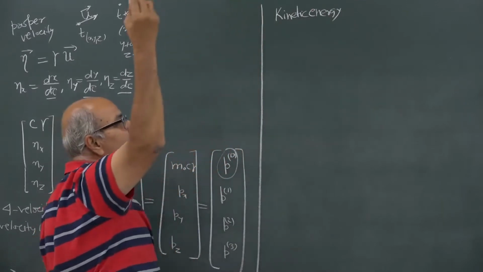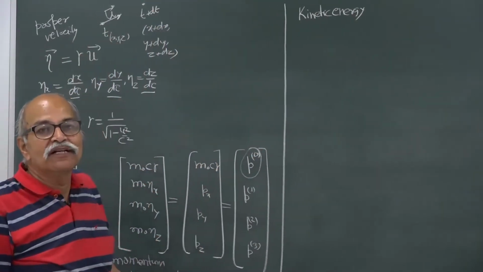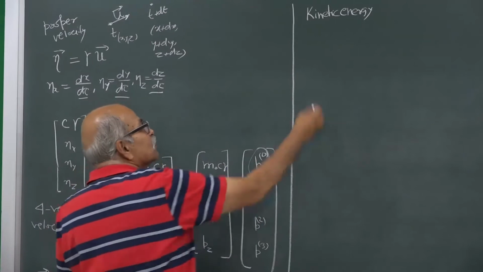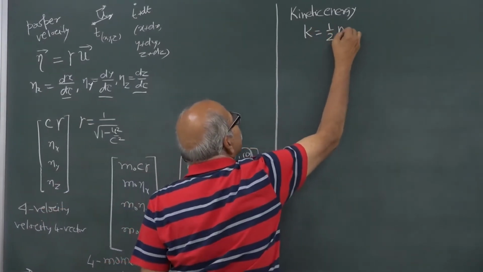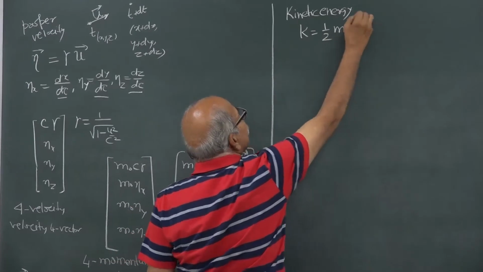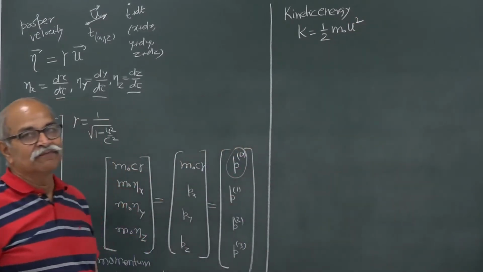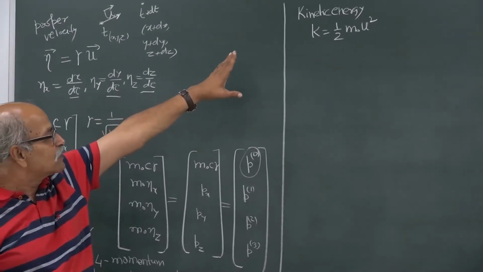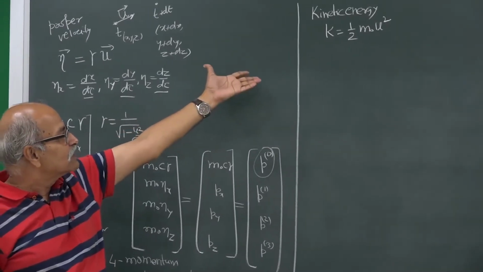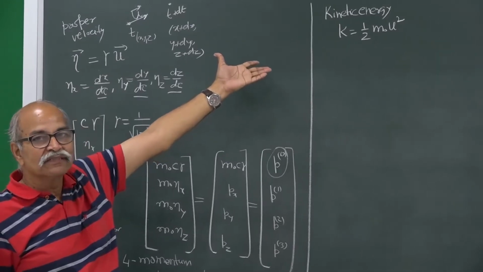In Newtonian non-relativistic mechanics, we know the expression is very simple: half times mass times speed square. How do I get this expression in non-relativistic Newtonian mechanics?